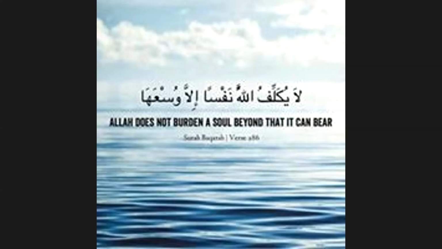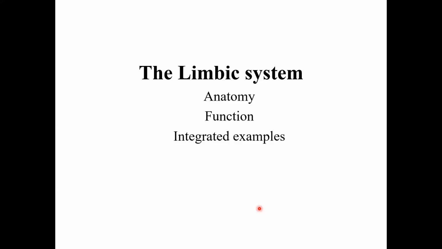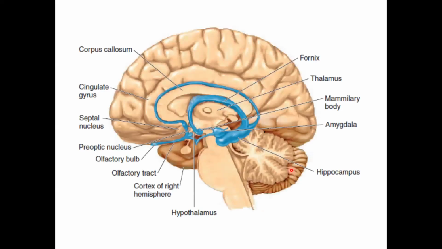Okay, so after that short break, let's dive in. We were discussing the limbic system. Right. So this is basically an overview. I don't intend to go into details of what is what here. I just want you to have an appreciation of this blue structure. You can see it is more circular than linear.